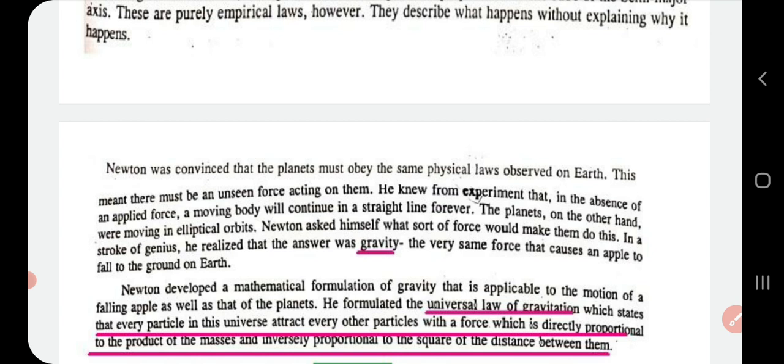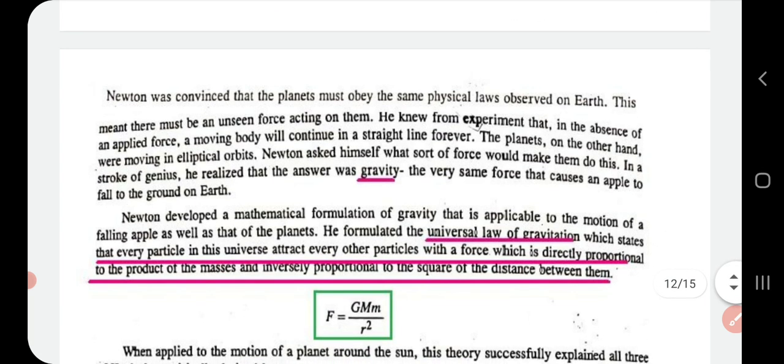Newton was convinced that the planets must also obey the same physical laws observed on Earth. For the existence of these planetary laws, he understood that there must be some sort of force that acts on a planet or any other celestial body. In the absence of force, a moving body will continue in a straight line forever.